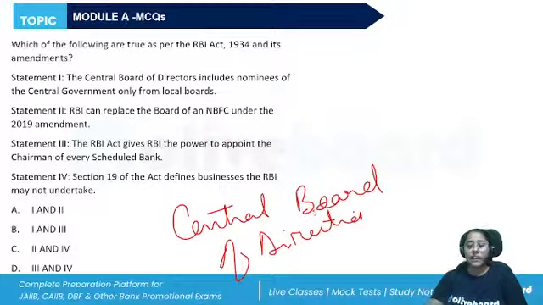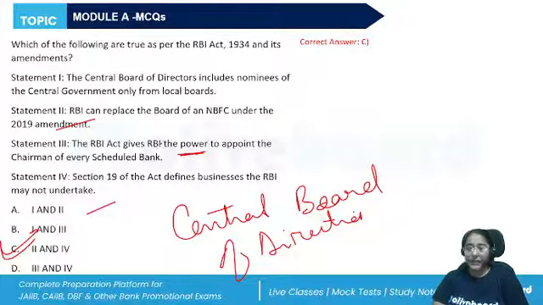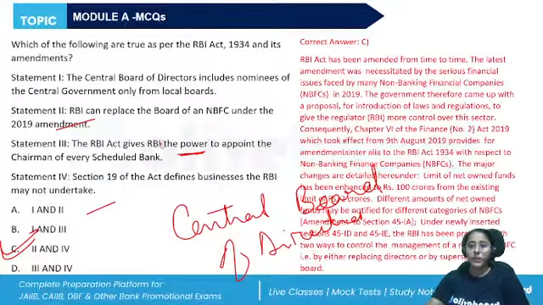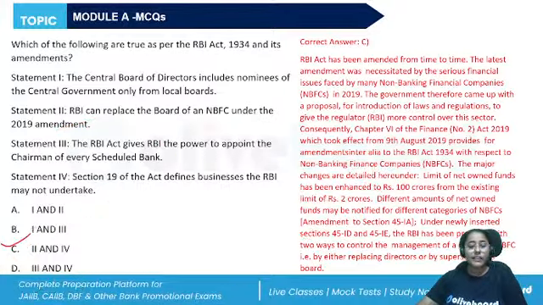So the correct answer becomes C, 2 and 4. But it does not give RBI the power to appoint the chairman of every scheduled bank. That is not there.